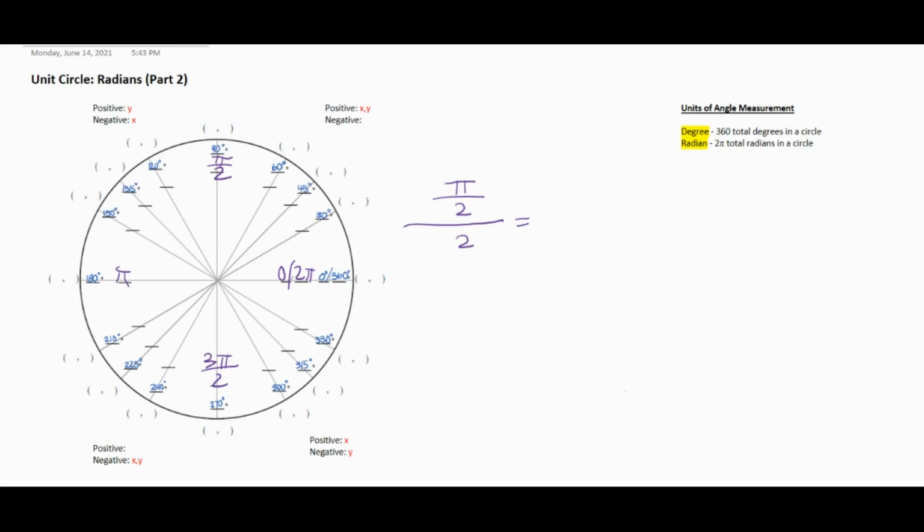In order to find the 45 degree angle right here, we're going to have to take pi over 2 divided by 2. Or, in other words, pi over 2 times 1/2, as you can flip the 2 to be its reciprocal and multiply by the pi over 2, which therefore equals pi over 4, meaning the 45 degree angle is equal to pi over 4.